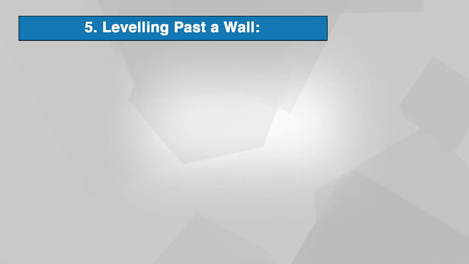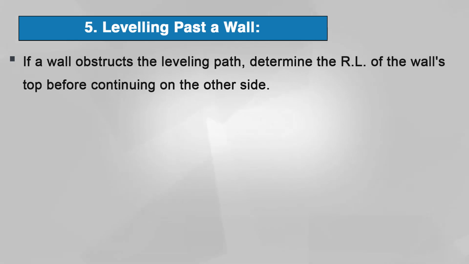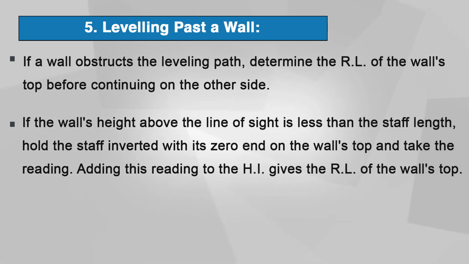Next is leveling past a wall. If a wall obstructs the leveling path, we will determine the reduced level of the wall's top before continuing on the other side. If the wall's height above the line of sight is less than the staff length, we will hold the staff inverted with its zero end on the wall's top and take the reading.